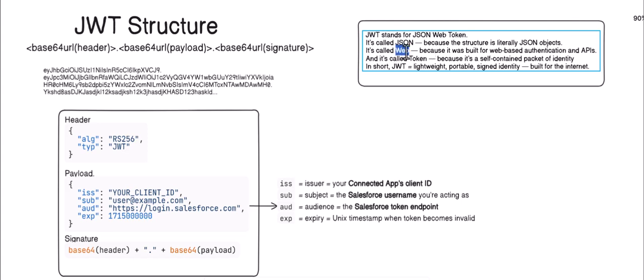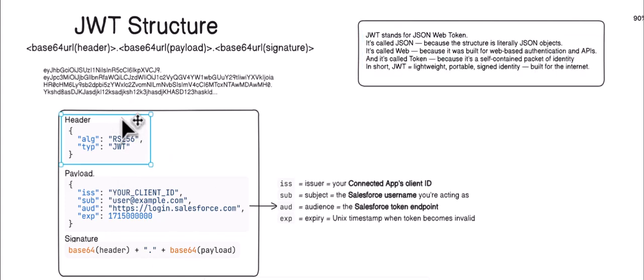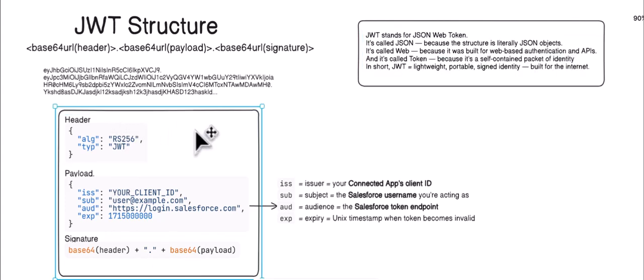Why web? Because it is built for web-based authentication and APIs. It is built for the web. That's why the term web. And why token? Because it is a self-contained packet of identity. This JWT is a sort of identification, a packet of identity, and a self-contained packet of identity.